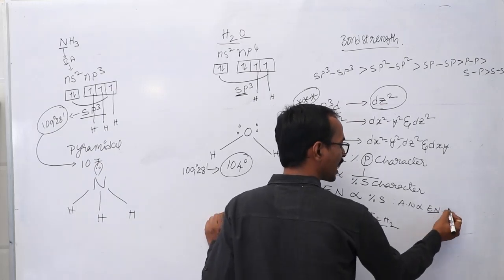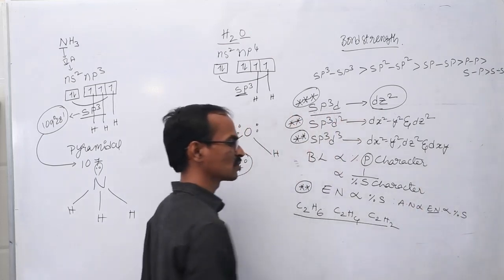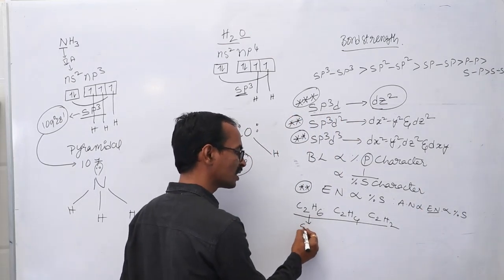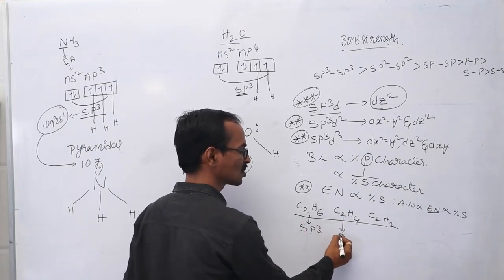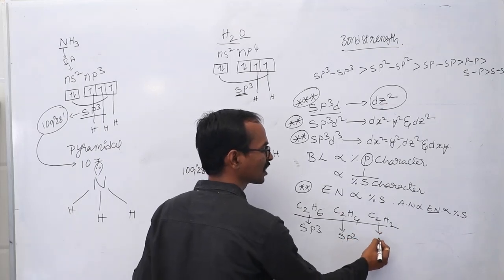Here I told electronegativity is directly proportional to the percentage of s character. We know that in ethane the hybridization is sp3, here sp2, and here sp.